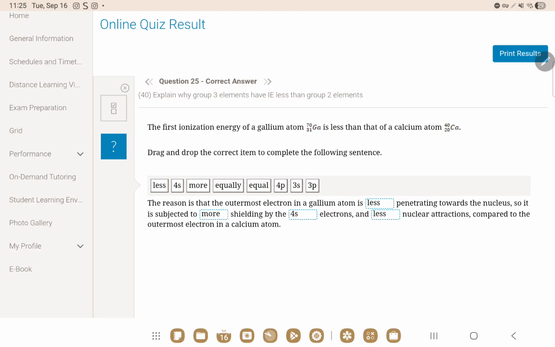Sorry guys, I mixed up. The reason that the outermost electron is less penetrating, because they told us it's less in the question, is that it's subjected to more shielding by the 4s electrons. What does this mean?